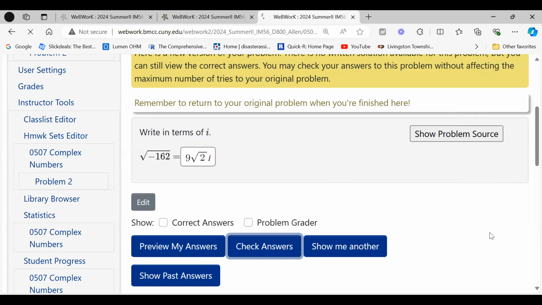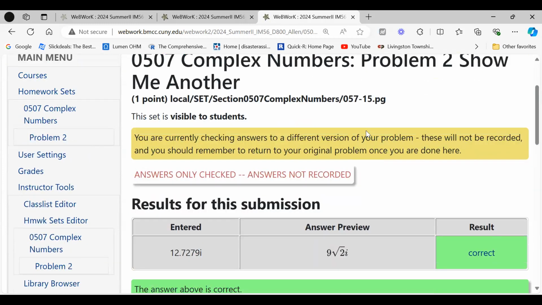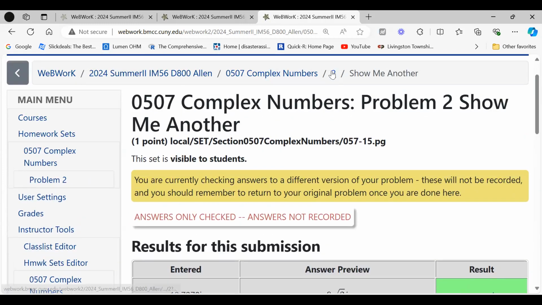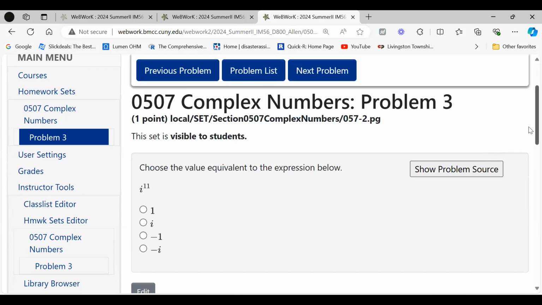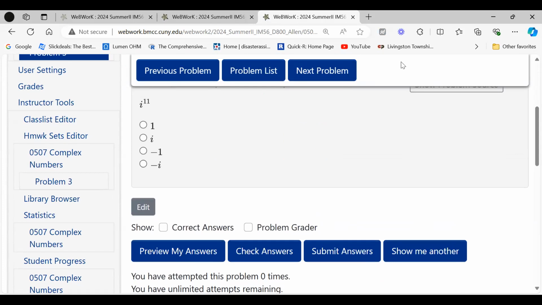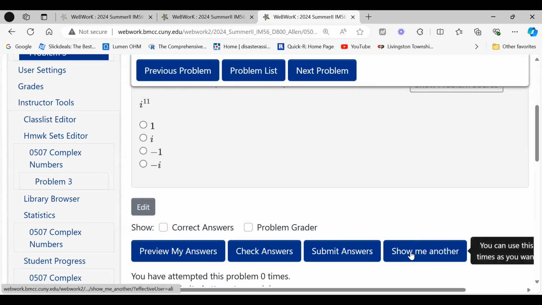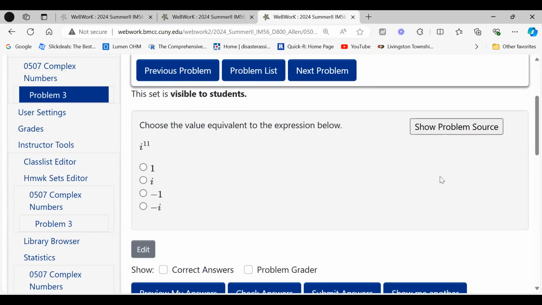Let's do it. Okay, let's see. Next question. i to the 11. Okay. So what will be the best way of doing this? Any suggestion? -1?